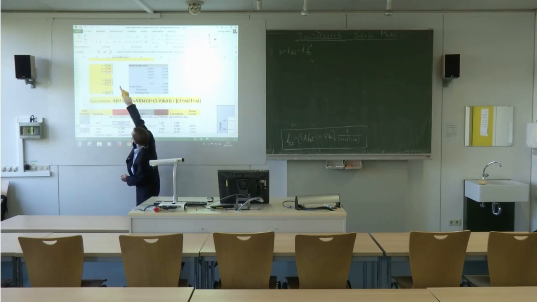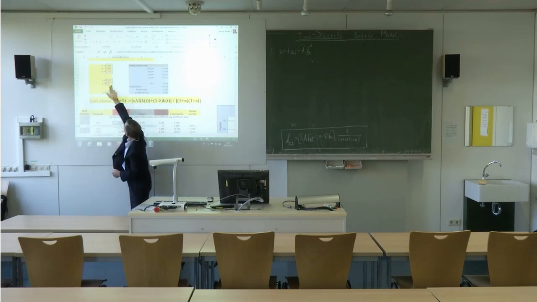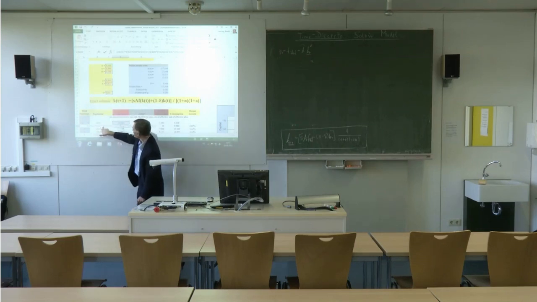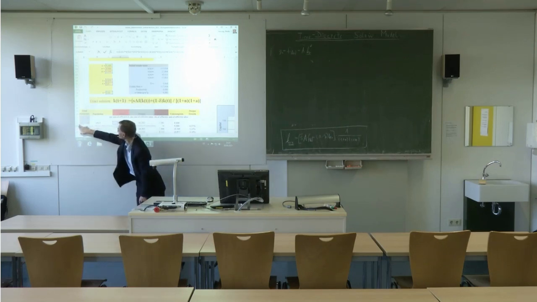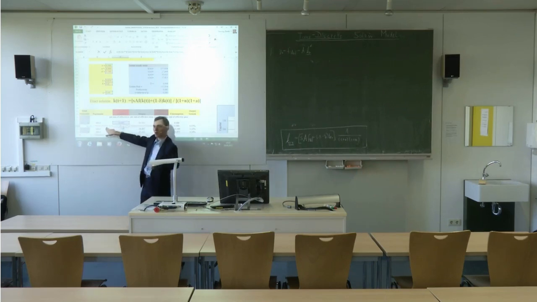The S is in cell C17, and I just link this times the A. The A factor is in column C, cell 21, times the production function. The production function, as you know, depends on my capital stock of the previous period. The capital stock of the previous period is cell D33, to the power of alpha. And my alpha is in cell C15. And that is this.